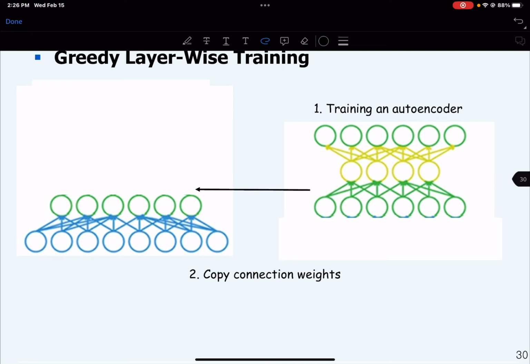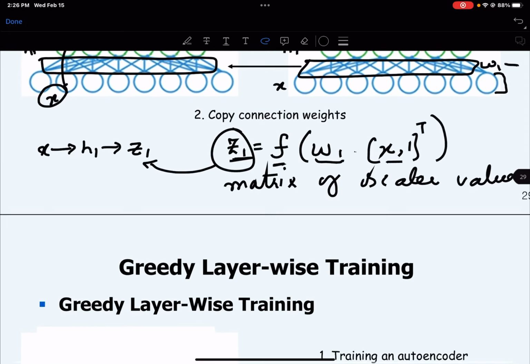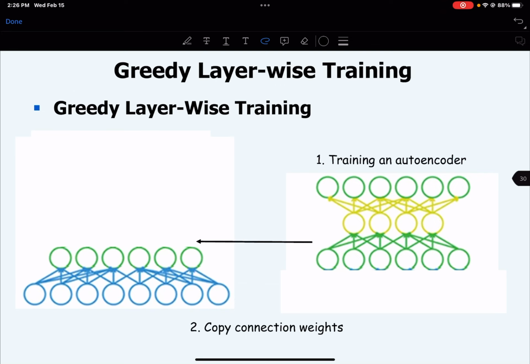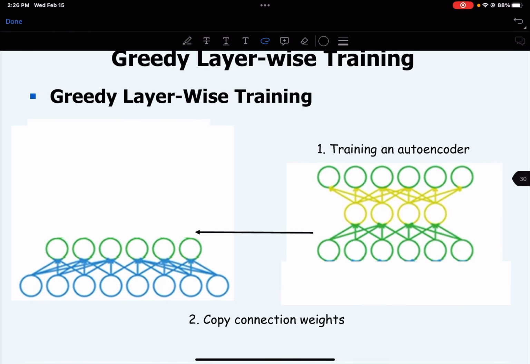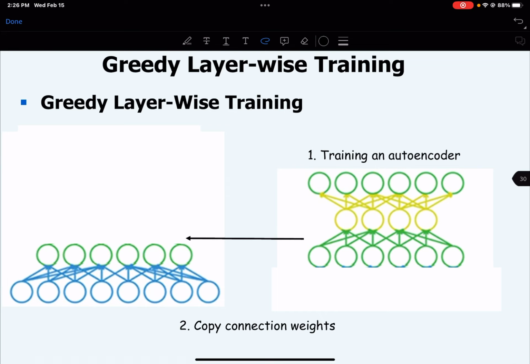So now the next part is, we have trained and copied the weight from this first layer, and again now this will be your H1, and the next will be your H2.